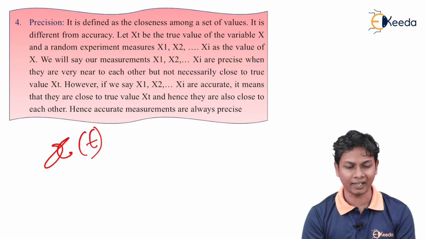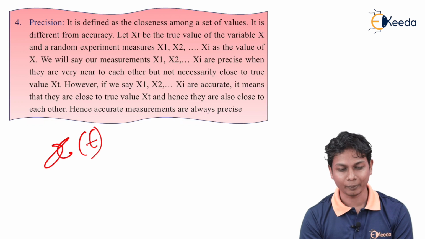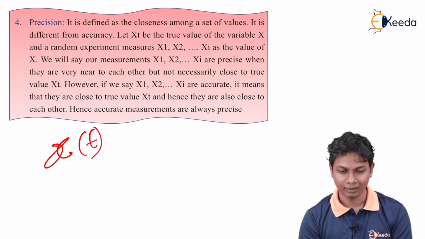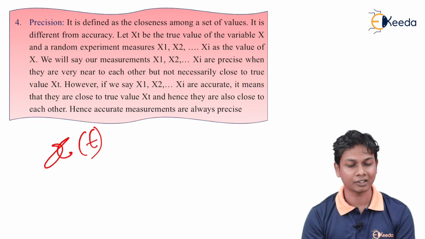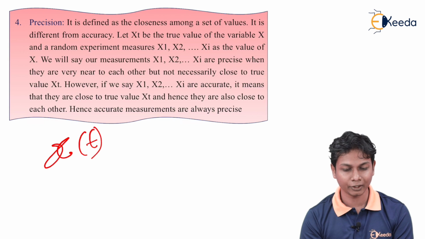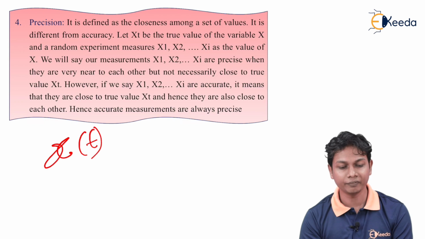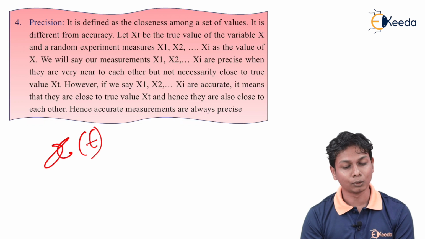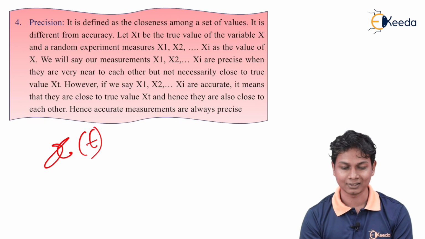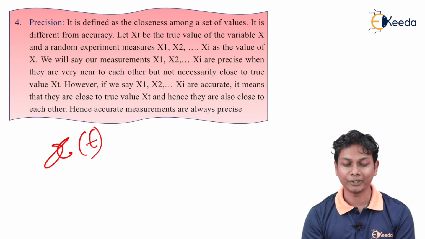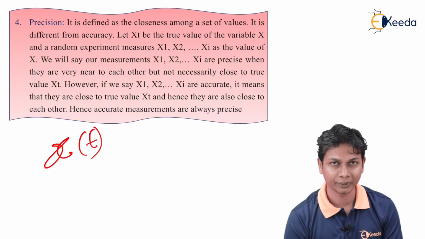As the value of x, we consider our measurements x1 up to xi, and they are precise when they are close to each other and the true value is xt. However, we will say that x1 up to xi is accurate when they are close to xt and hence they are also close to each other. Hence, accurate measurements are always precise.